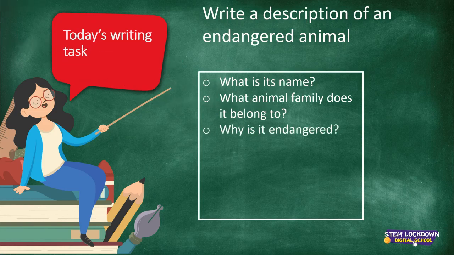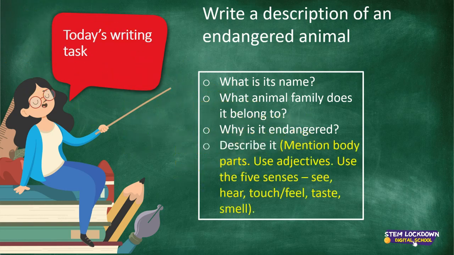A reason why it's endangered, the main reason, and then a description of it, like talk about its body parts, use adjectives to make it a bit more exciting. And whenever you write a description, you should actually use your 5 senses, because that's what helps the person who's reading it actually make a picture of what you're saying in their mind.